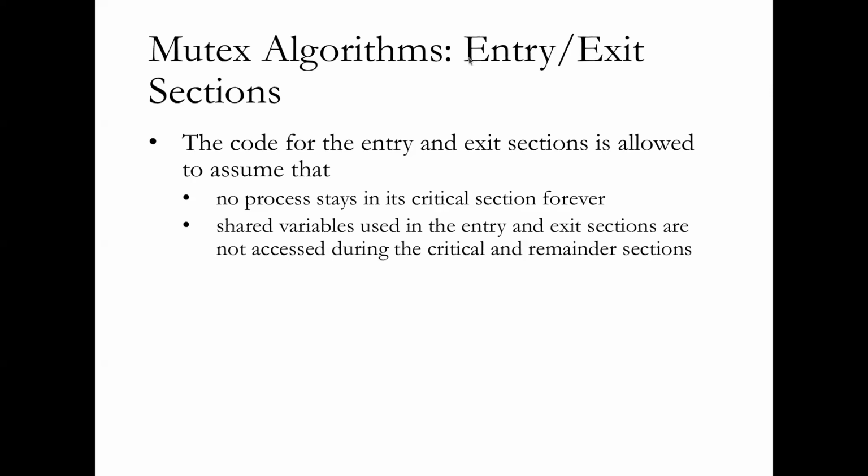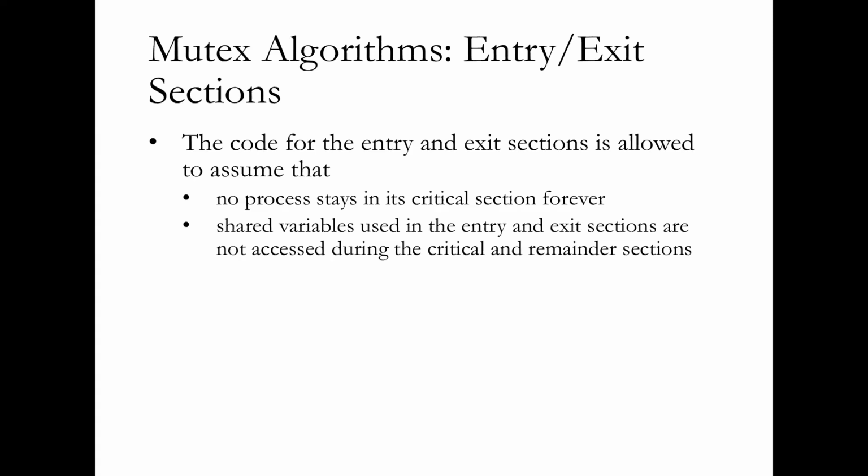So for that we have the notion of mutual exclusion. We need to somehow implement these entry and exit sections, and there are certain conditions that we need to satisfy, so that no process stays in the critical section forever. That's one condition, right?